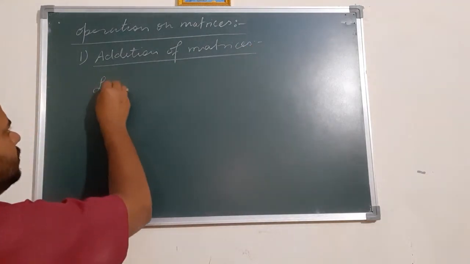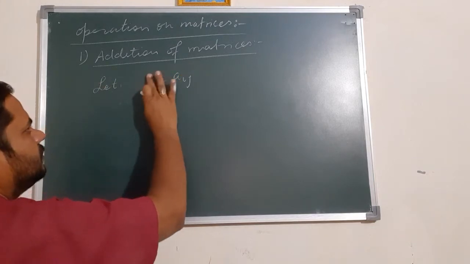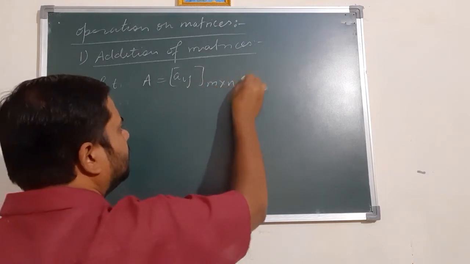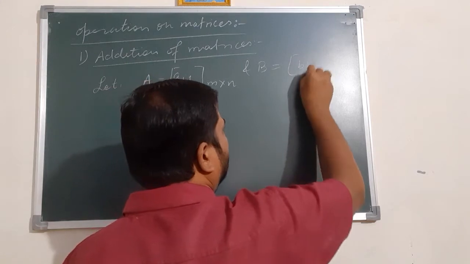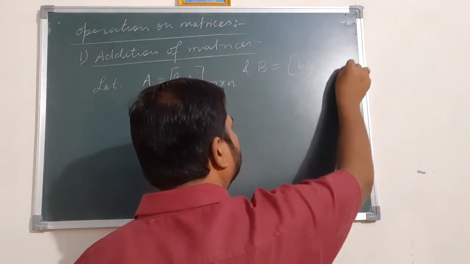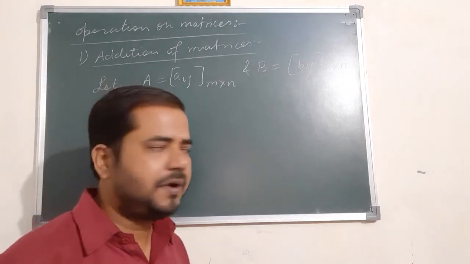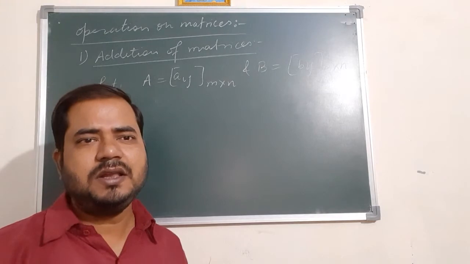Let A equal Aij of order m cross n, and B equal Bij of order m cross n. If the orders of the matrices are the same, then only can they be added. For addition of matrices we need the same order.